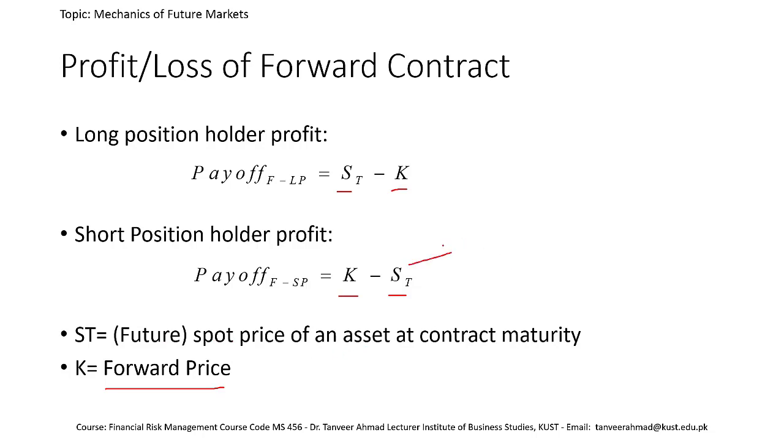So ST is the price that would be in the market at the time of expiration, and K is the price that had been mentioned on the contract, and it is fixed between the two parties.